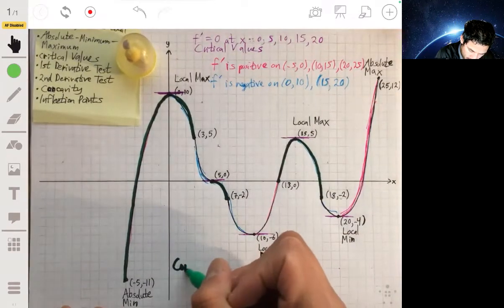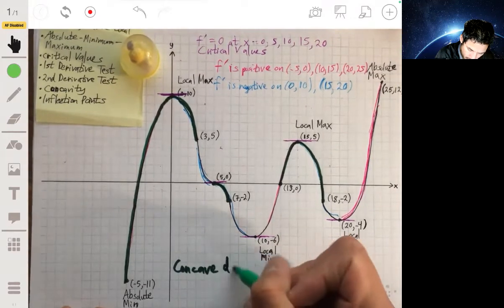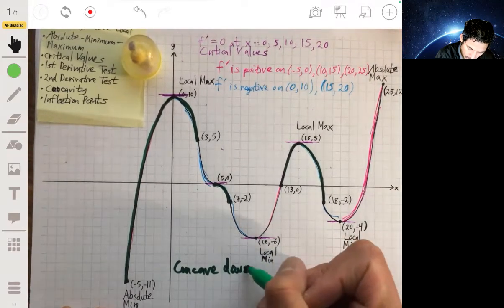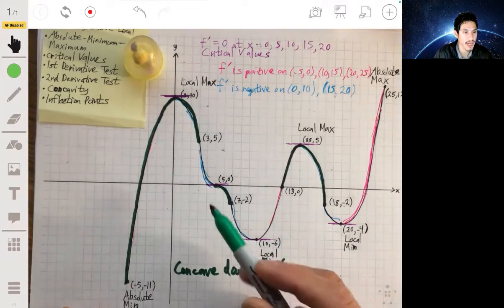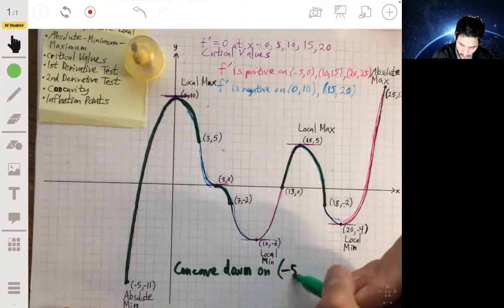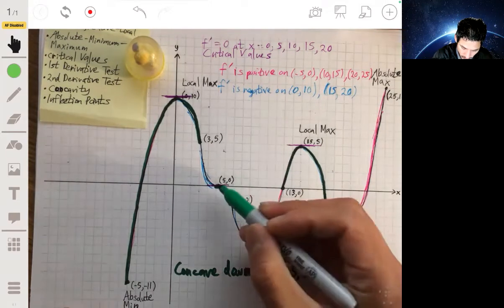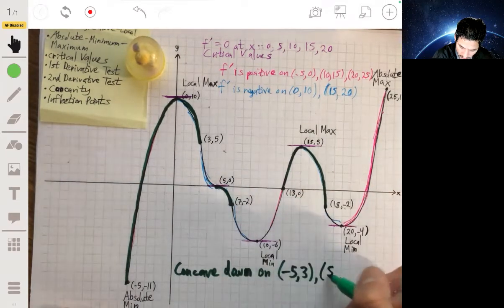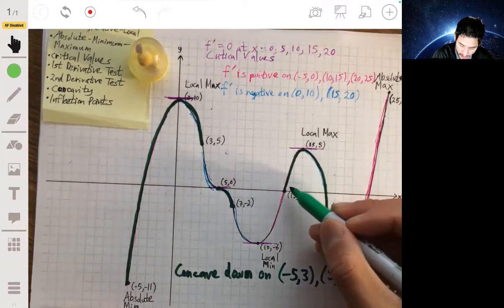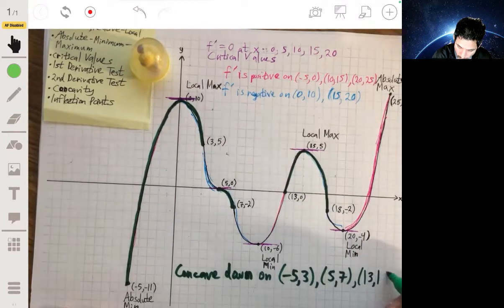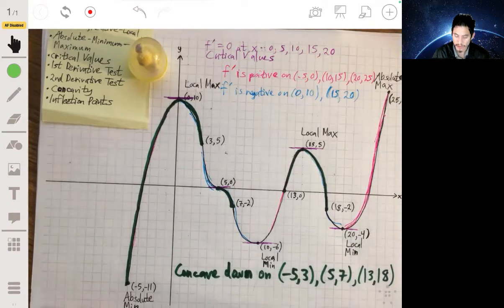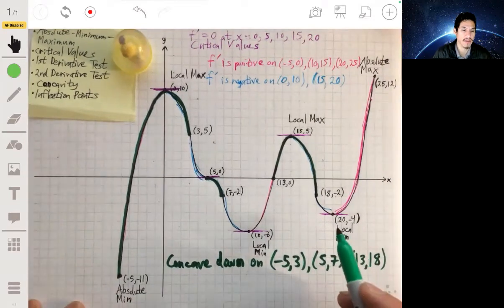So we can say concave down on -5 to 3, 5 to 7, and then 13 to 18. 13 to 18, it's also concave down.